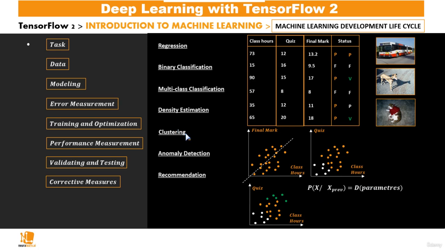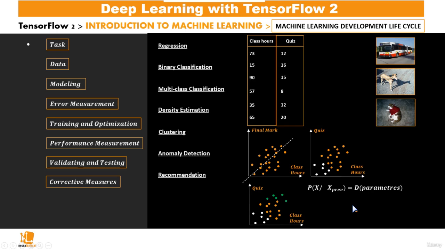Let's move to clustering. Clustering is an unsupervised machine learning technique which basically uses only the inputs to segment the data and bring out certain relationships existing in the dataset which we may not have seen very easily. This is highly used in customer segmentation and many other applications.